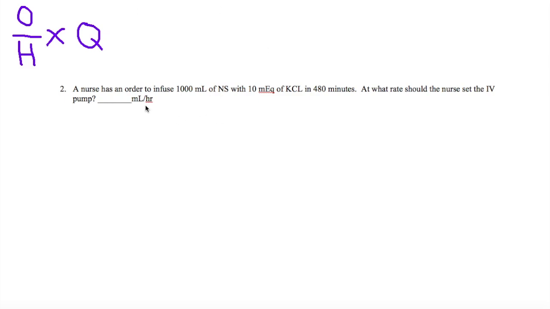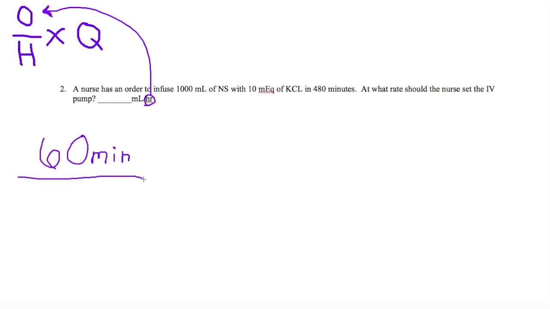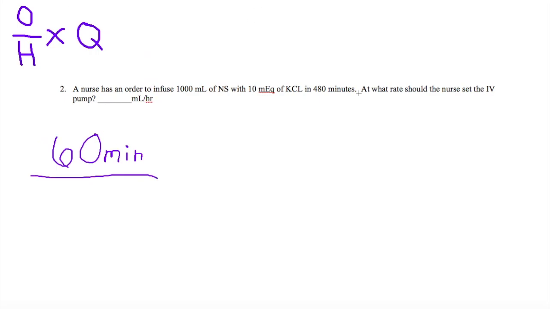For this problem, what we're looking for, our desired, is going to be our hourly rate. How much goes in an hour? So a better way to write this would be 60 minutes, because there's 60 minutes in 1 hour. So 60 minutes, our desired, is going to go over what we have. And so then how many minutes do we have?